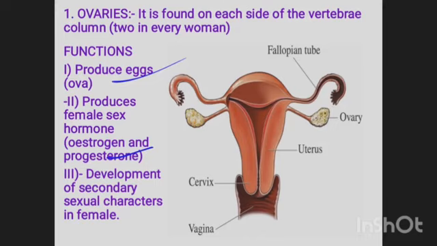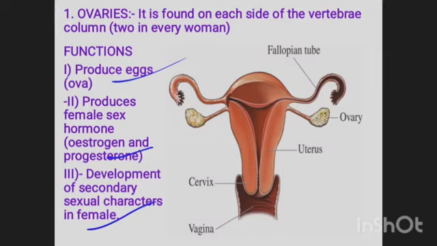Now, these hormones are responsible for the development of secondary sexual characters in females. So when females are going through the puberty stage, for example, the changes like the widening of the hip, hair in the pubic region, breast enlargement, development of the breast, and others. Those are secondary sexual characters. This all happens due to these hormones that are being released, and the hormones are produced in the ovary.